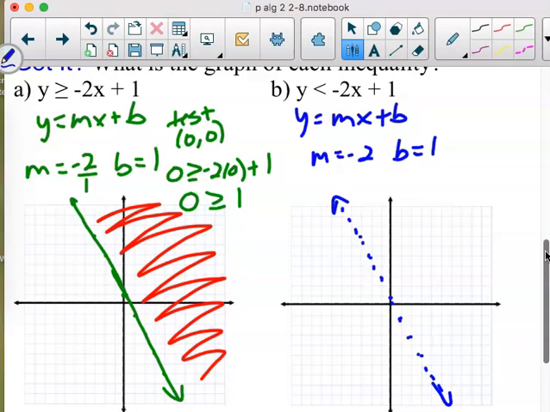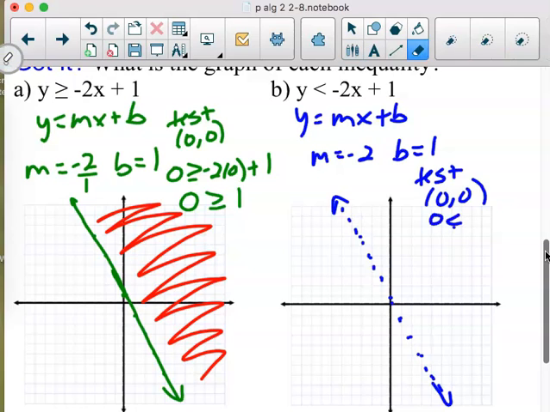Now, it's the same line we had before, so we know 0, 0 isn't on it, even though my line's not completely straight, so it might look like it is. And you know what? If you can't use 0, 0, big deal. Use like 1, 1 or 3, 0 or something like that. Use something easy that you can put in there. 0 is less than negative 2 times 0 plus 1. 0 is less than 1.